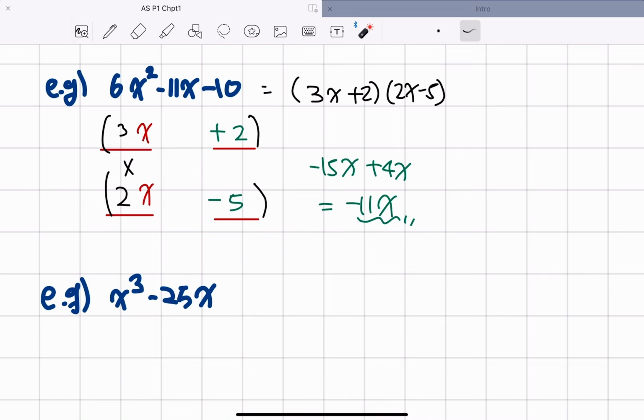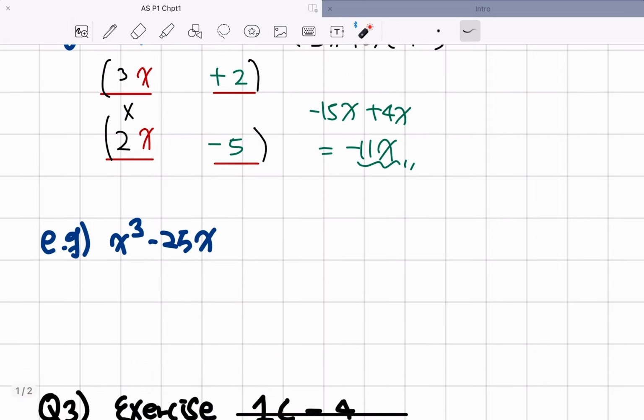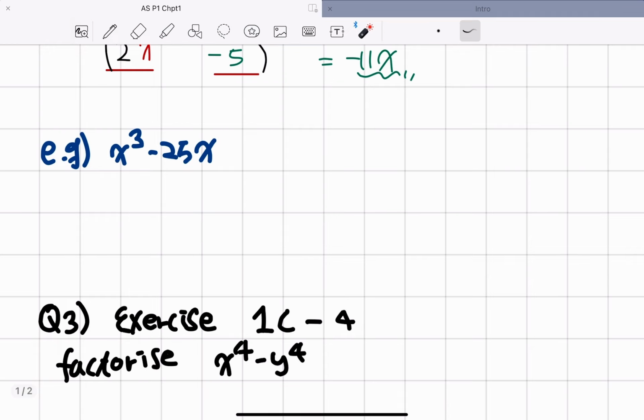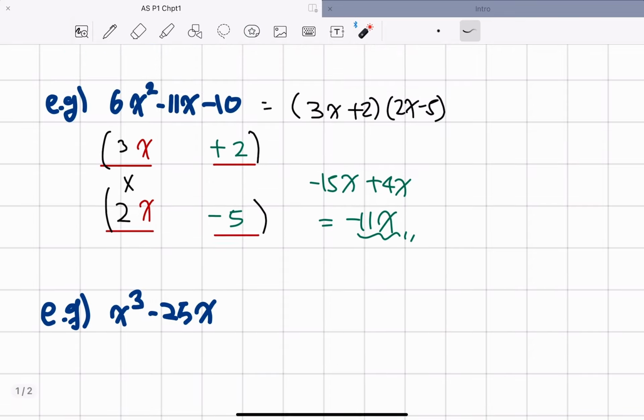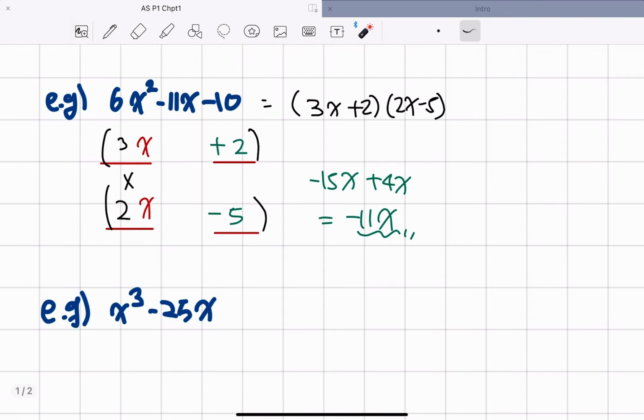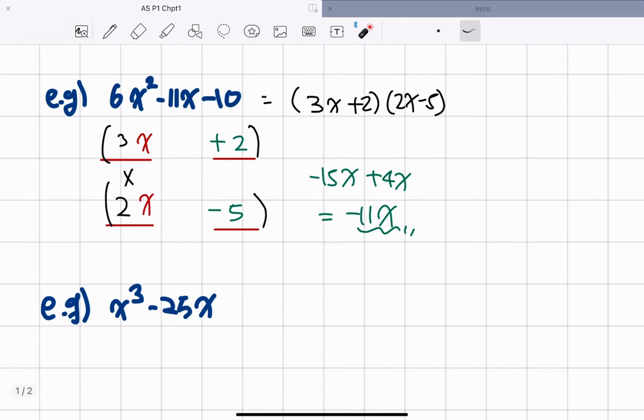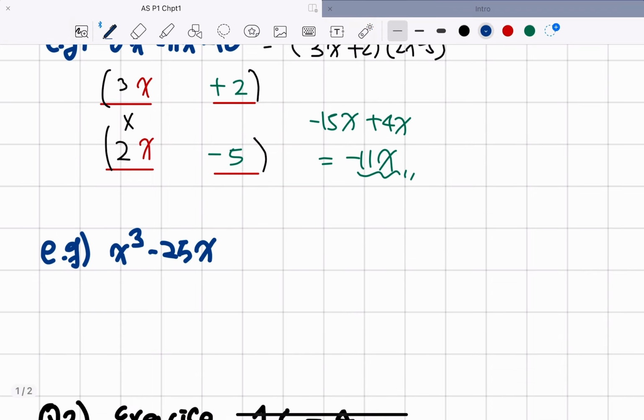So I hope you remember how to factorize, because this one is just GCSE level, right? Okay, and next example, so x cubed minus 25x. Right, so this one doesn't look like this, so you can think it's hard to factorize, but if we cannot factorize like this, we're just thinking about the same factor, the mutual factor.